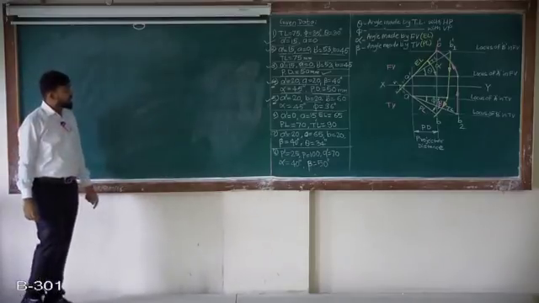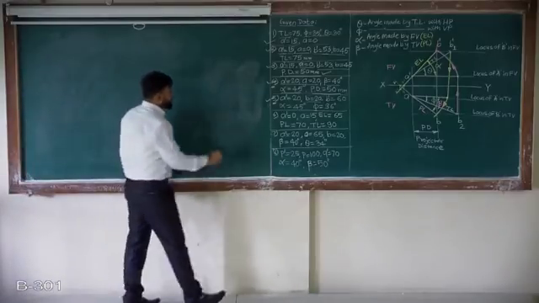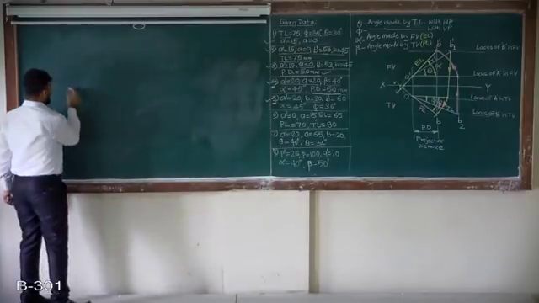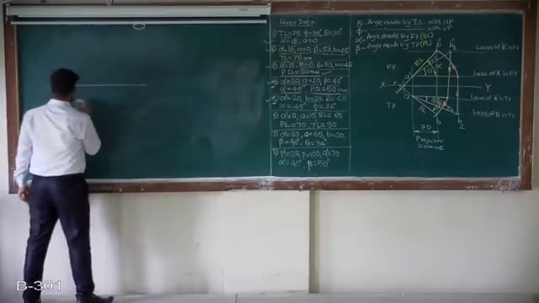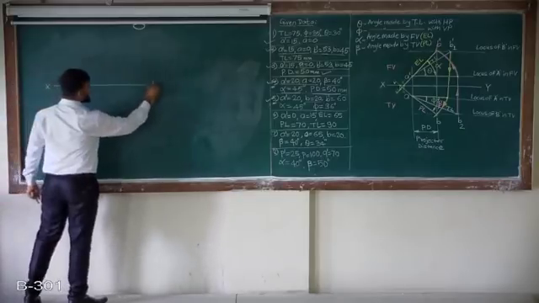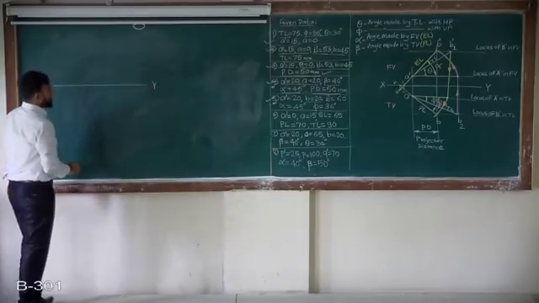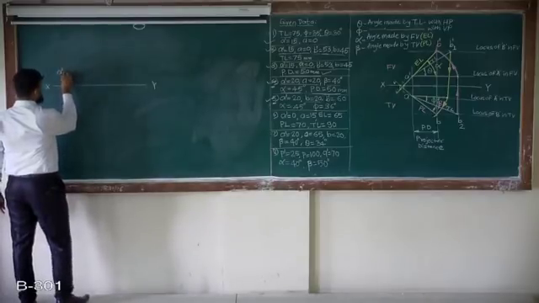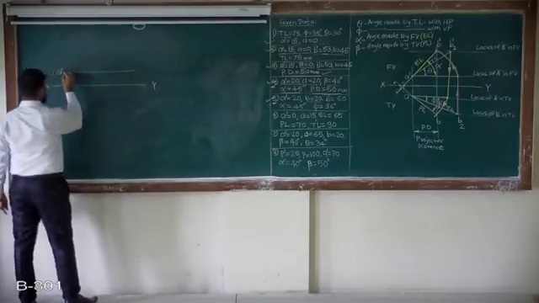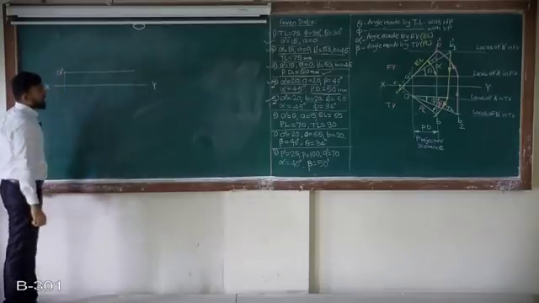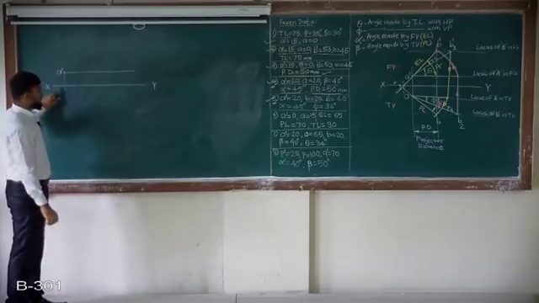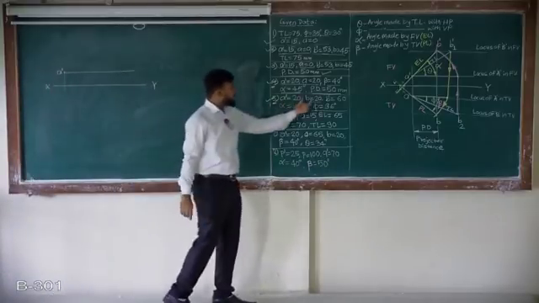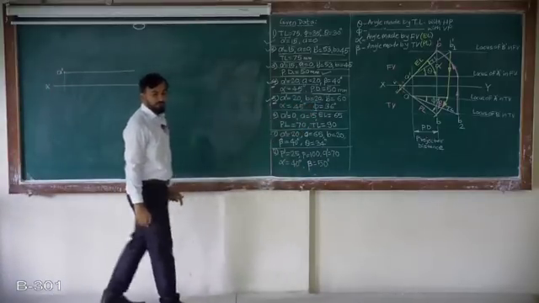So how to solve this? Question number 5. I will plot all the given data on the board first. So let's say draw the XY line. A dash 20 mm. Draw the locus of A. But now I don't know the locus of point A from VP. So what I know, point B is 20 mm from VP.